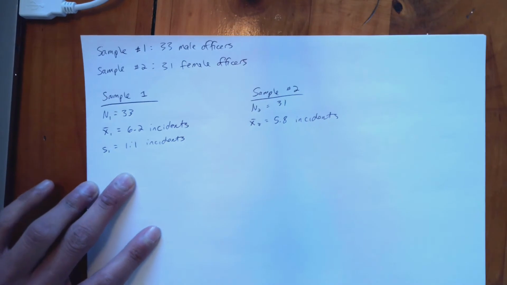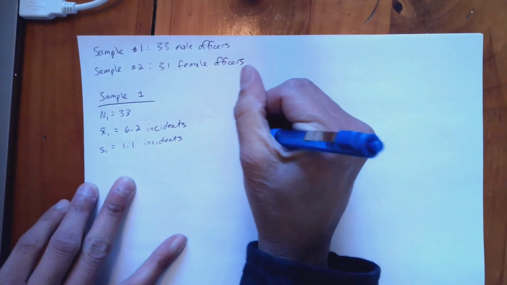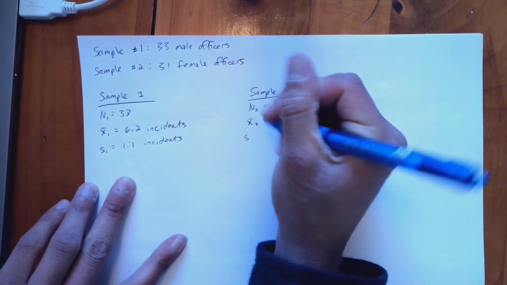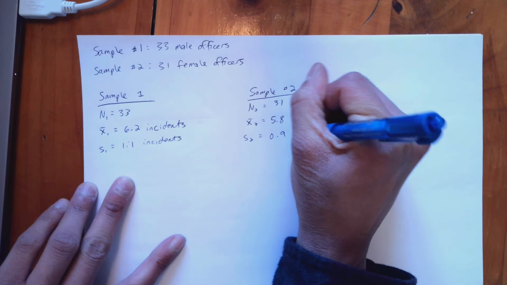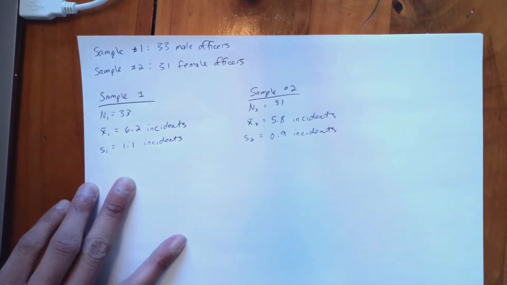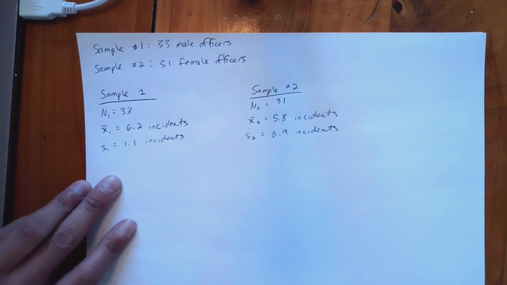So in our sample of female police officers, we have 5.8 incidents. And our standard deviation is going to be 0.9 incidents. So as always, this is made up data, but this is the number of incidents we have in each sample.